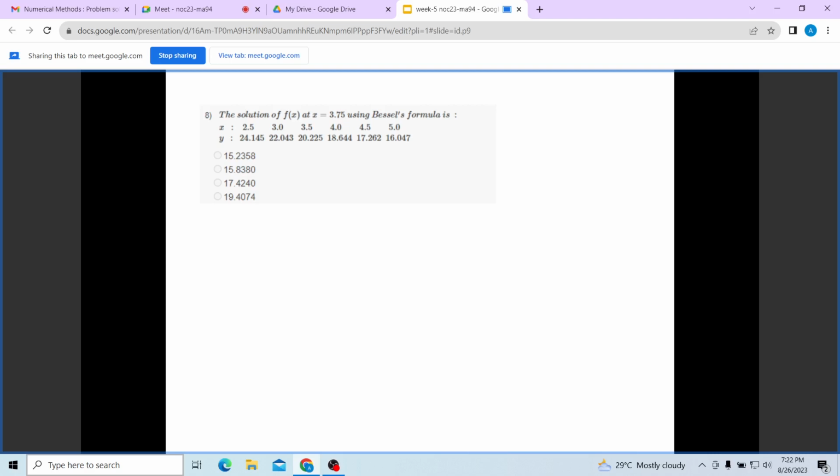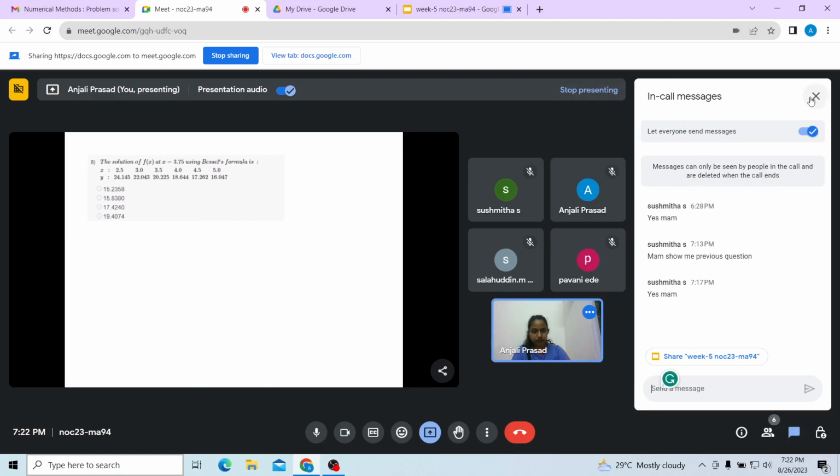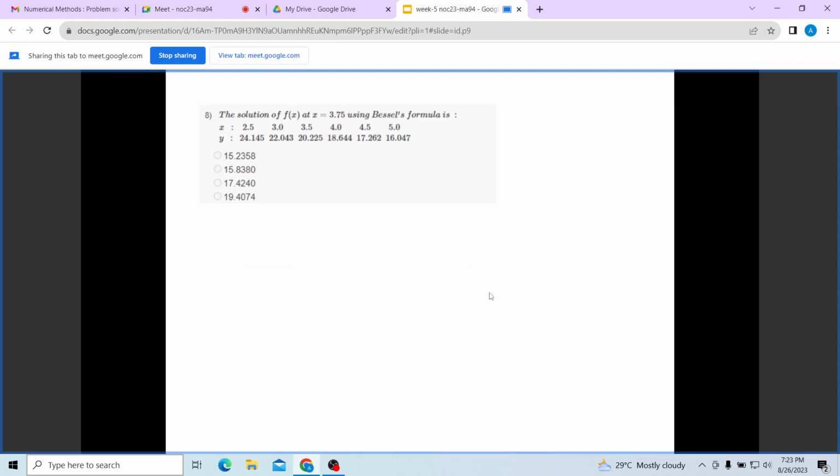Is it A, B, C or D? Just use the Bessel's formula and substitute all the values at x is equal to 3.75. See what you are getting.